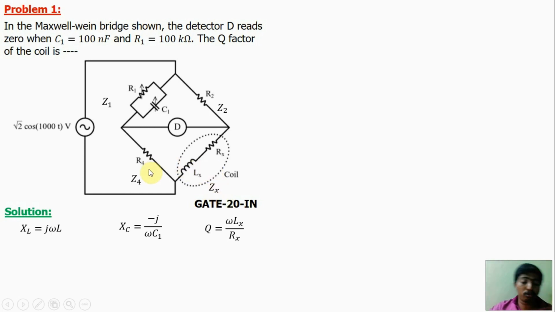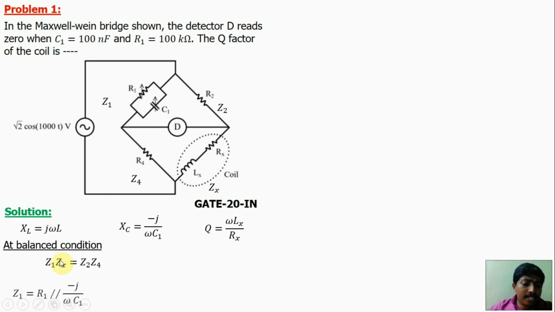We know that at balanced condition, the product of opposite arm impedances Z1 into ZX is equal to the product of the other opposite arm impedances Z4 and Z2. This is the balanced condition. Another condition is the phase shift condition: theta 1 plus theta x is equal to theta 2 plus theta 4. First find Z1.